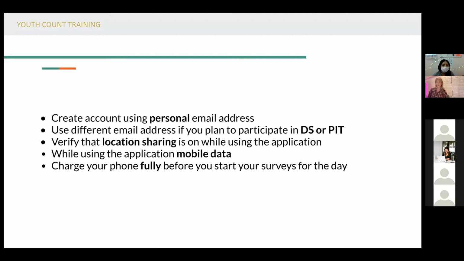Couple of things I want to call out. Again, we are asking that you're using your personal email address. And the reason for that is because we have found that a lot of agencies or organizations might actually have firewalls that prevent them from getting access to our emails. So let's say in the event that you forget your password, you need to do a password reset. Some agencies will block that email, so you might not get that password reset email.